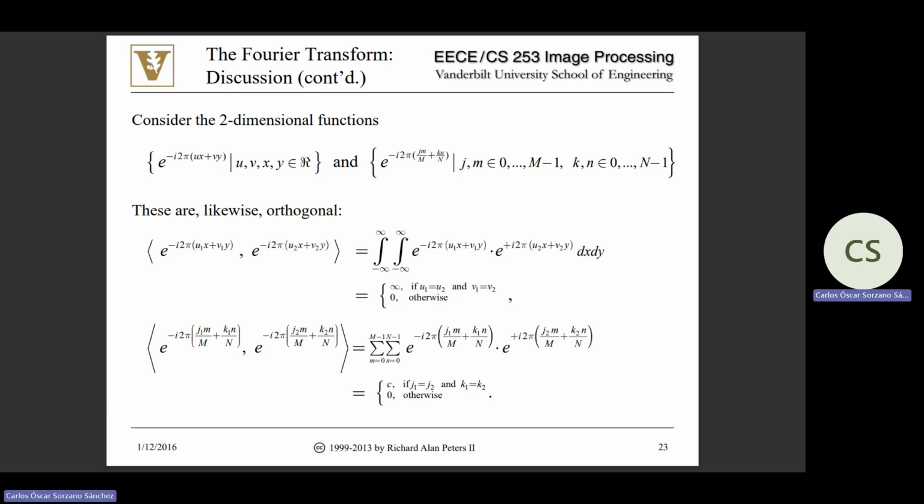He's putting 2 pi in front. We don't care about the 2 pi, so we absorb the 2 pi in the frequency component. So it will be frequency in X times X plus frequency in Y times Y.